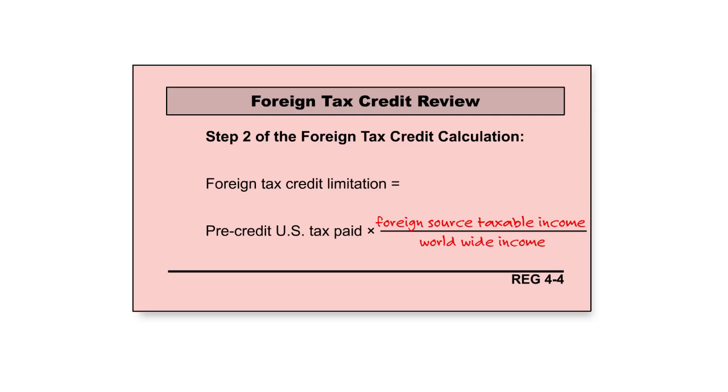So the limitation is the pre-credit U.S. tax paid times that ratio. Hypothetically, if the foreign sourced income was $1 million and worldwide income was $10 million, then 1 million divided by 10 million is 1/10 of the pre-credit U.S. tax paid that could possibly be eliminated.